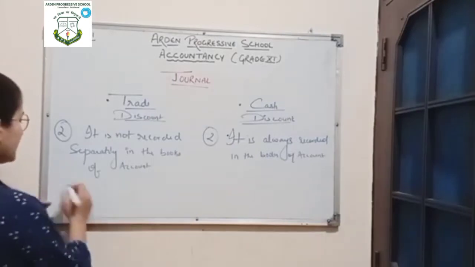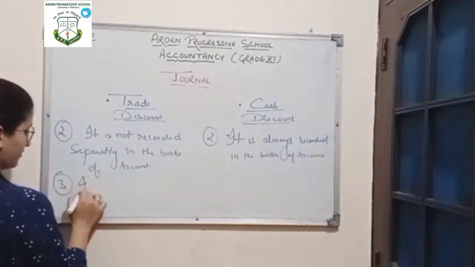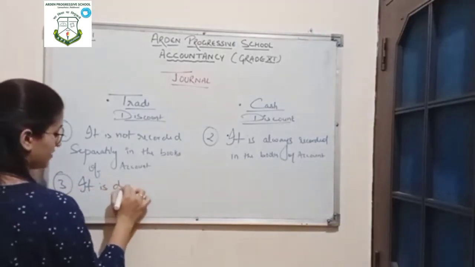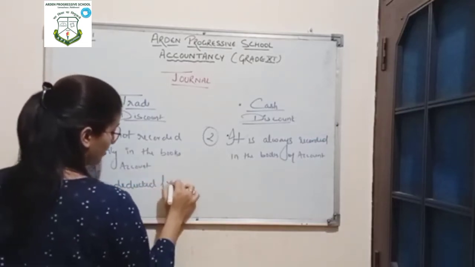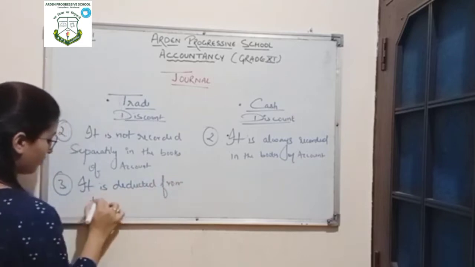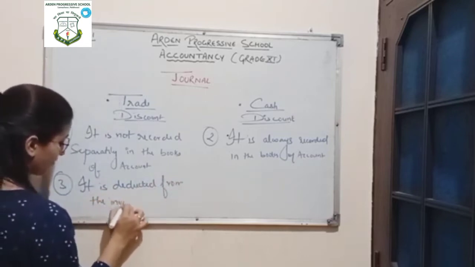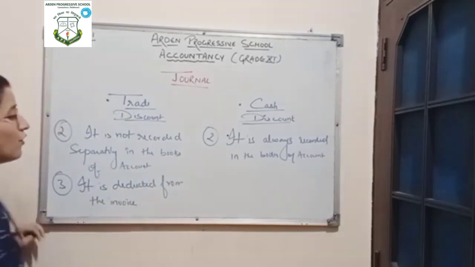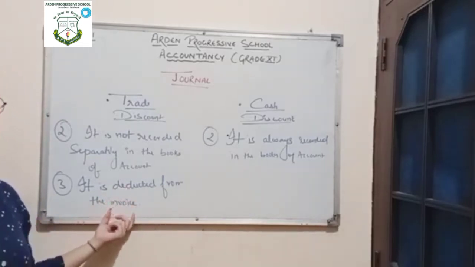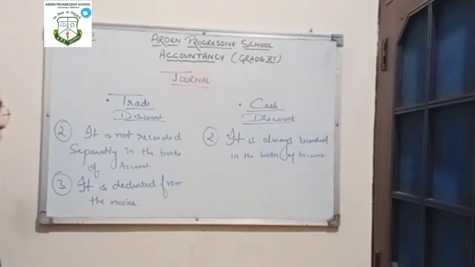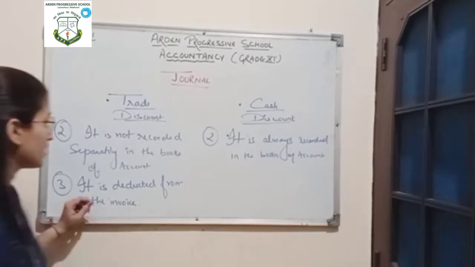Third point of difference is, it is deducted from the invoice. Amount of trade discount will be deducted from the invoice, and after that net amount will be recorded in the books of account.